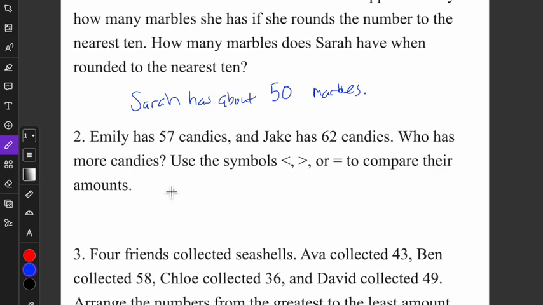So we're comparing 57 to 62, and to do that we have to look at their tens place first. The tens place of 57 is 5, and the tens place of 62 is 6. Since 6 is greater than 5, we have to put the less than symbol, because 57 is less than 62. 57 is the one being compared, so we have to use the less than symbol. And since 62 is greater than 57, Jake has more candies.